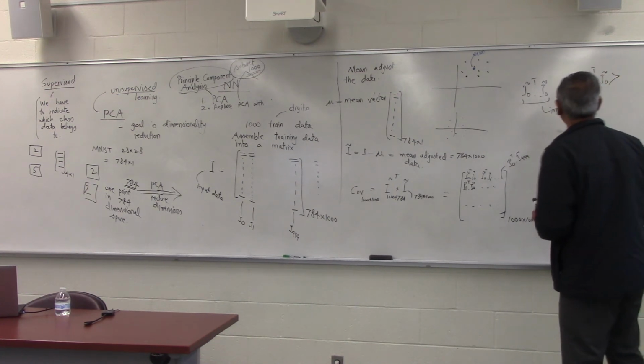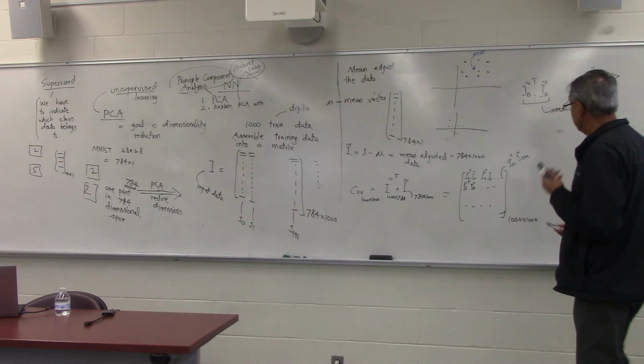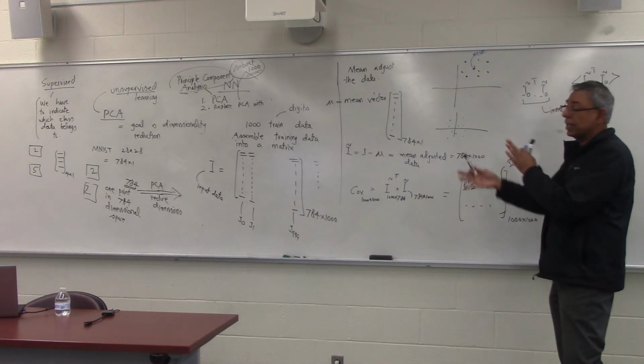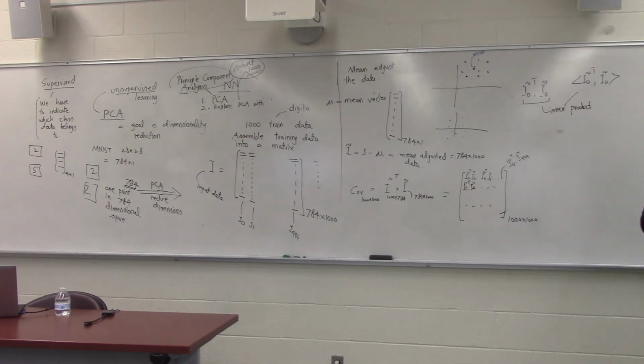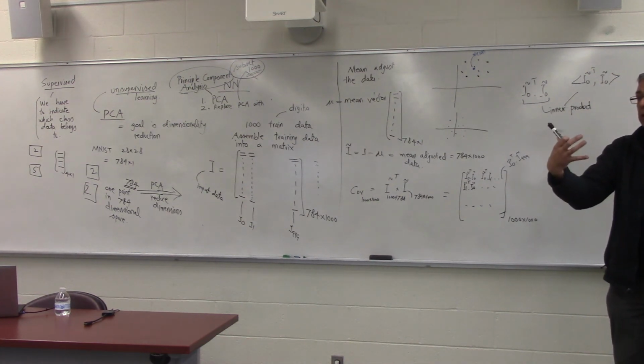So this is how mathematically we express the inner product. So essentially we are doing the inner product of every data with respect to every other data. If the two are very similar, they will end up producing a high number.